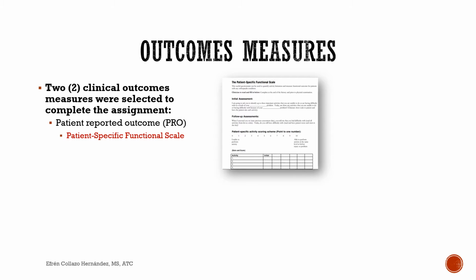I selected the Patient-Specific Functional Scale because with this instrument the patient can be open to write the activities that they cannot do at the same level that they did before the injury, and knowing that maybe I don't have a lot of patients to measure, I identified that this general instrument would help me to have some data.